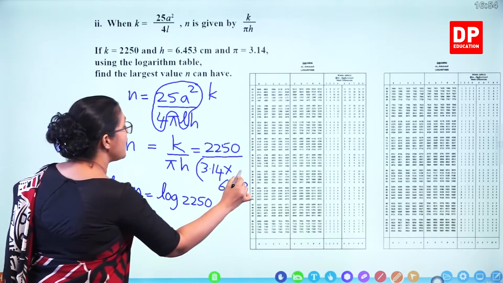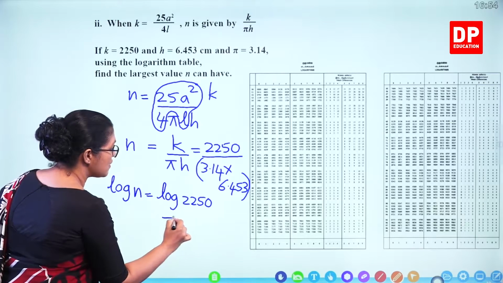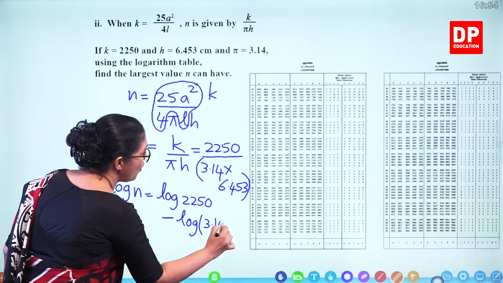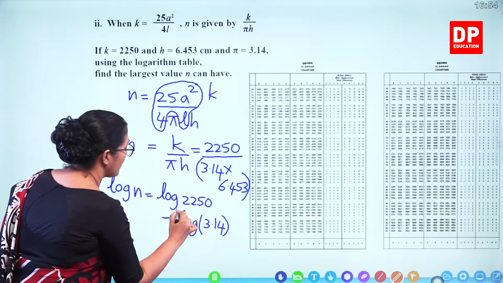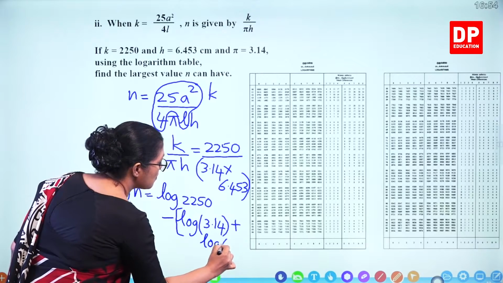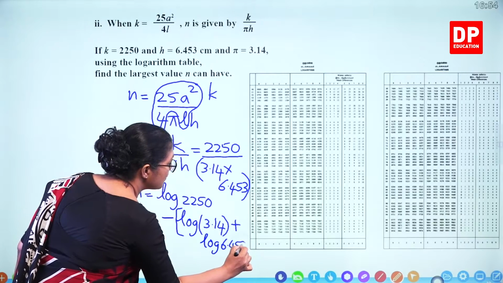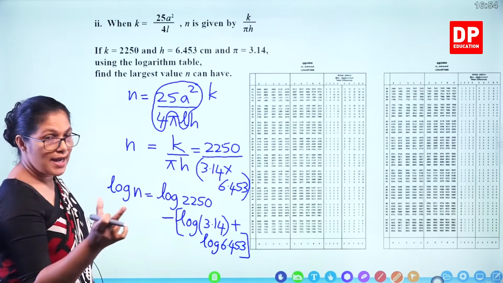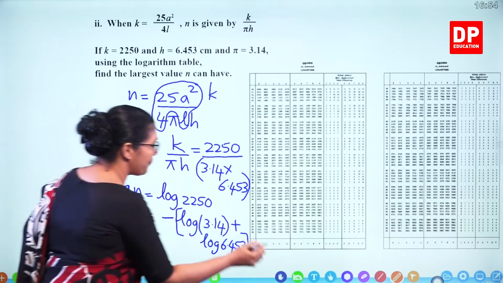These two are in the denominator, so that means minus log of 3.14 and log of 6.453. So these two in brackets because both are minus in the denominator.